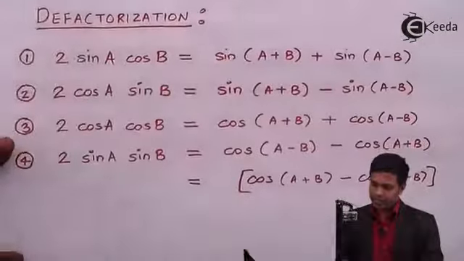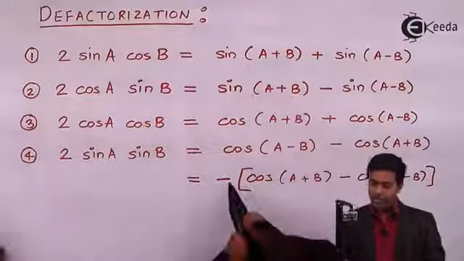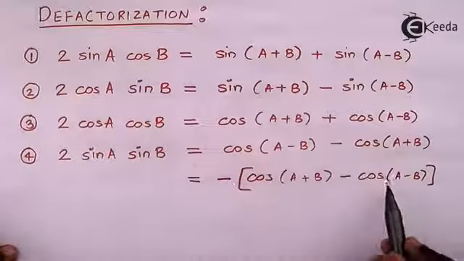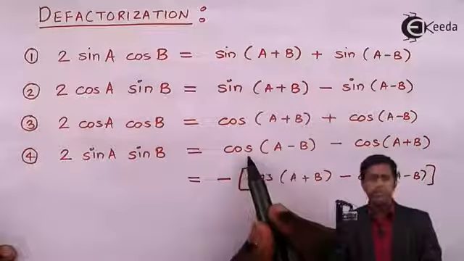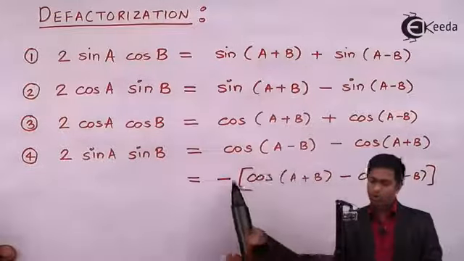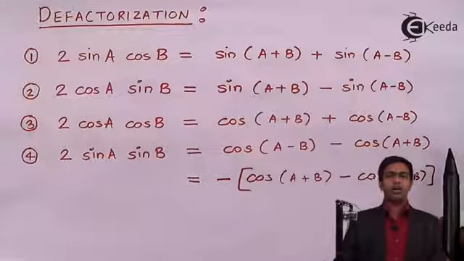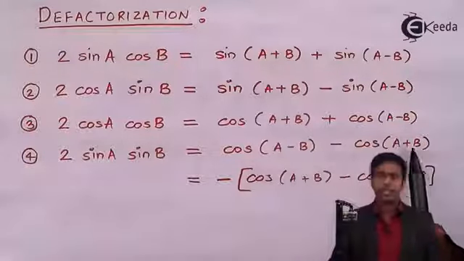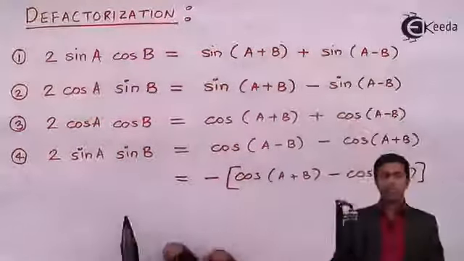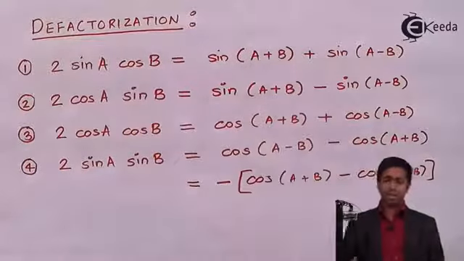It means that negative sign has come here. So when we take this negative sign, this negative cos a minus b will become positive, and this positive term will become negative. So hence in the last formula we are getting a minus b in the first bracket and a plus b in the second bracket, whereas in all other formulas we are getting a plus b in the first bracket and a minus b in the second bracket.